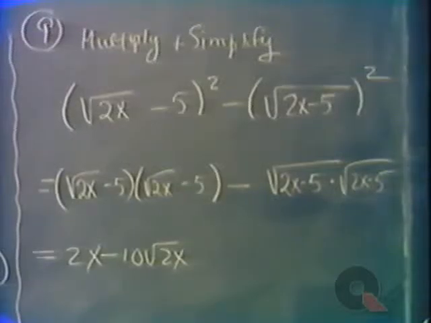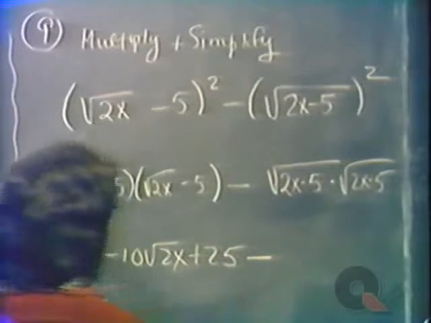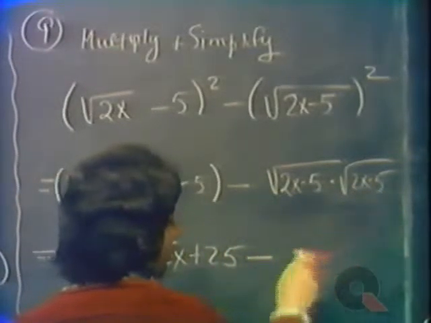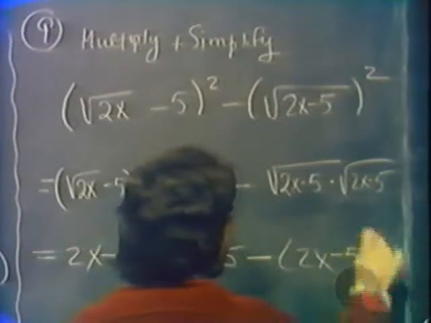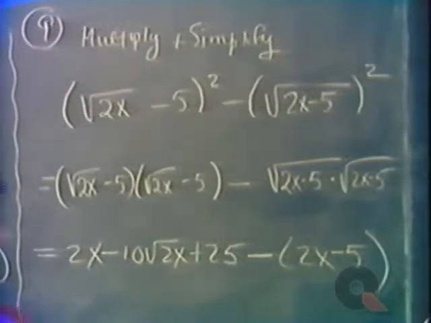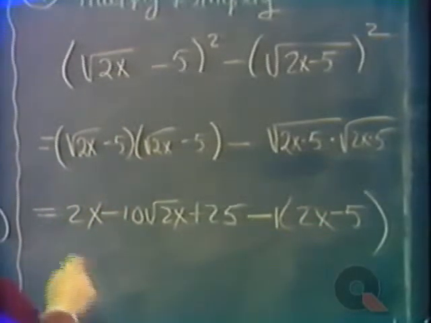And then finally the last, minus 5 times minus 5, that's plus 25, minus, when we square this, we multiply this by itself, of course the square root is eliminated and we just get what's under the radical, 2x minus 5, but it has a minus sign in front. The minus, since minus 1 has to be distributed through the parentheses there.